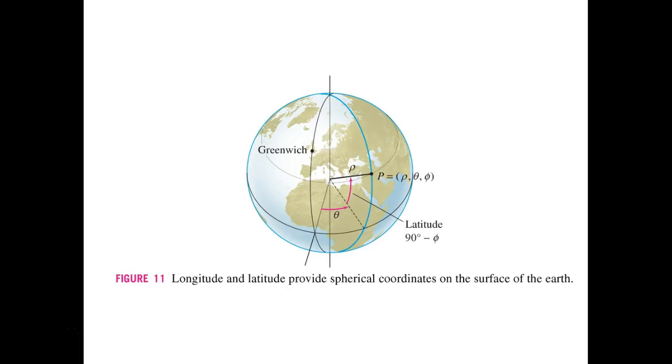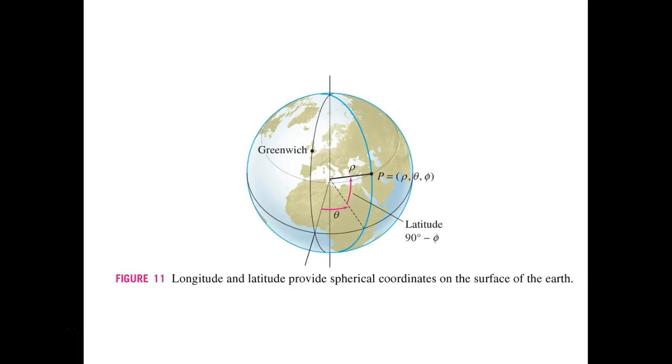Latitude, though, we measure it in the angle between the center of the Earth and the equator up, which would be exactly the opposite of phi. So therefore, the latitude would be 90 degrees minus phi, because from the equator up to the North Pole would be 90 degrees.